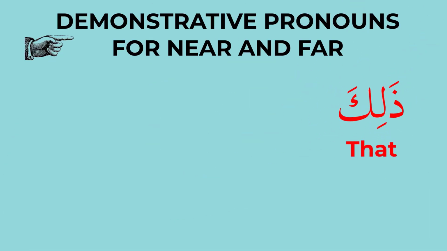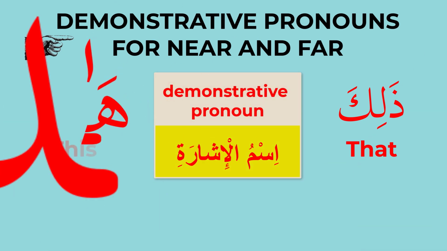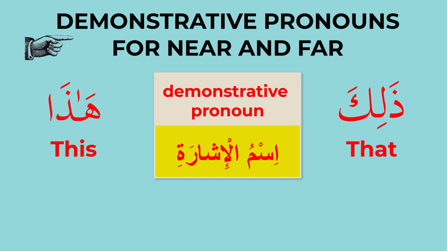Now we come to zalika. It's a pronoun. What kind of a pronoun? Demonstrative pronoun. And what do we call it in Arabic? Ismu ishara. Okay. Now what is the difference between this and that? Both are demonstrative pronouns.